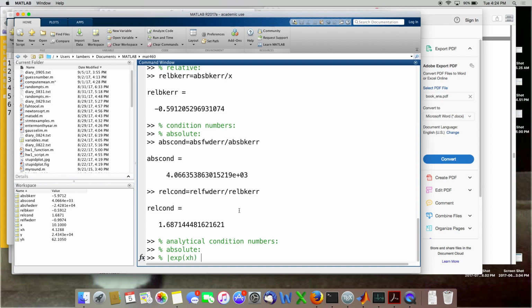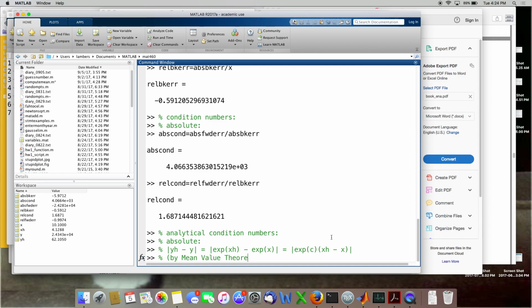So the exponential at your x hat, actually, I'll do it this way. y hat minus y, that's the same as e to the x hat minus e to the x. But by the mean value theorem, that's equal to the exponential at some value c between, whoops, that should be an x, between x hat and x, times the difference between the x values.